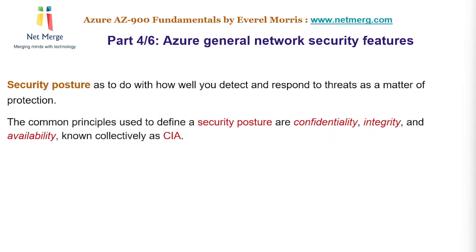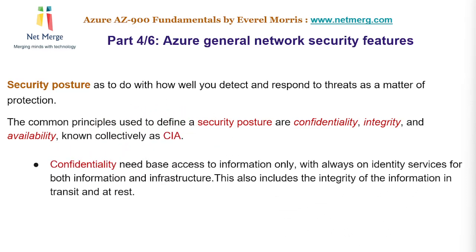Now, the common principles used to define a security posture are confidentiality, integrity, and availability, known collectively as CIA. So I'm not far off with my acronyms. We do have a lot of acronyms in IT. So CIA is a common principle that we use to define a security posture.